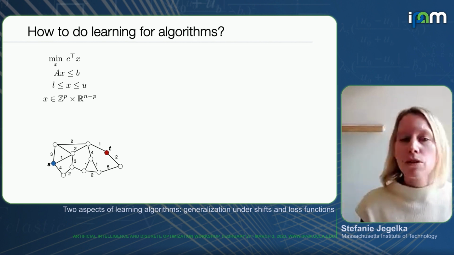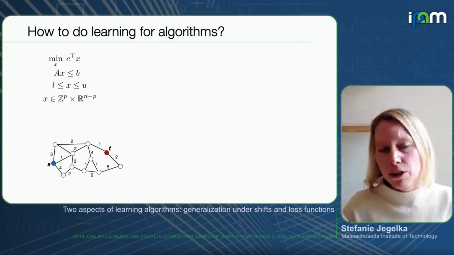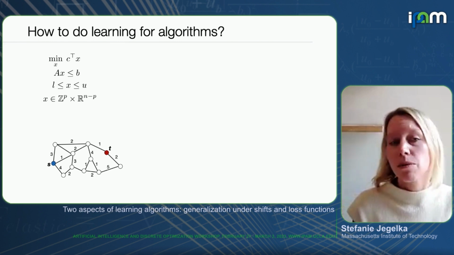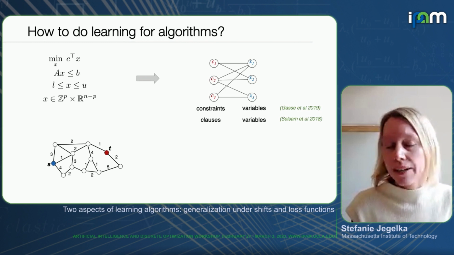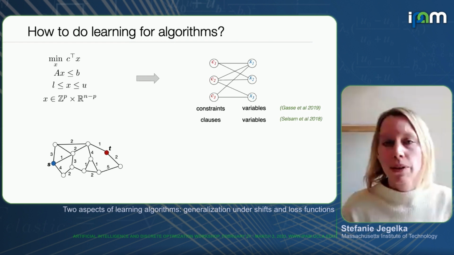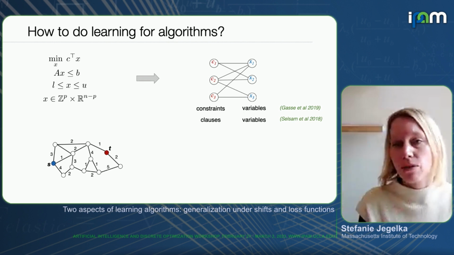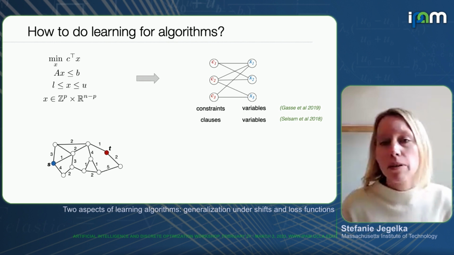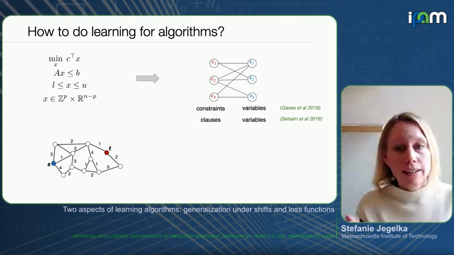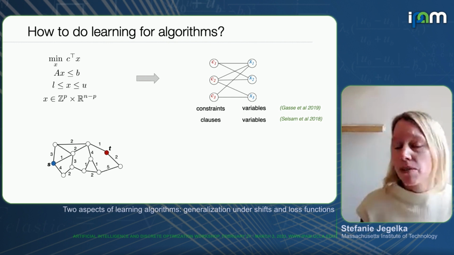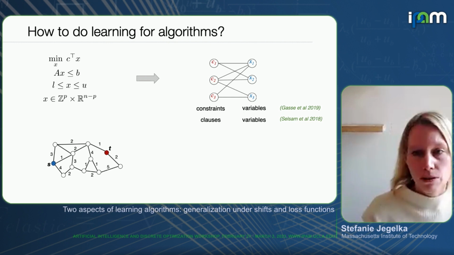But in fact, this goes beyond just graphs. In other works, people have also represented general optimization problems via graphs. So, for instance, you could make a bipartite graph and have the constraints on one side and the variables on the other side, and then you connect them with an edge whenever a variable appears in a constraint.